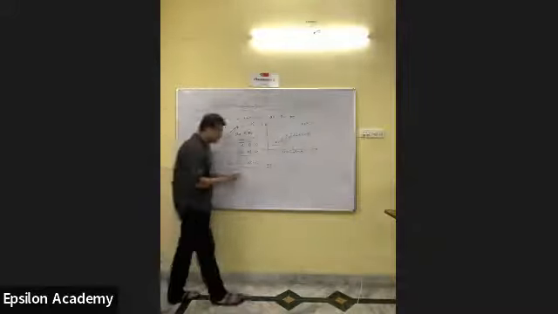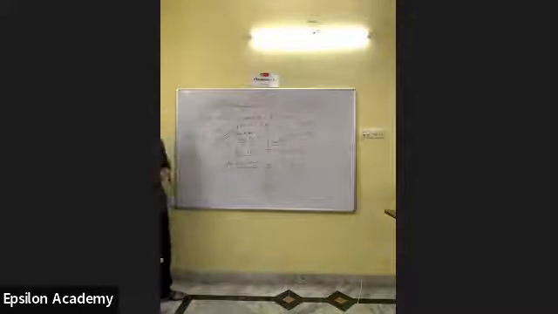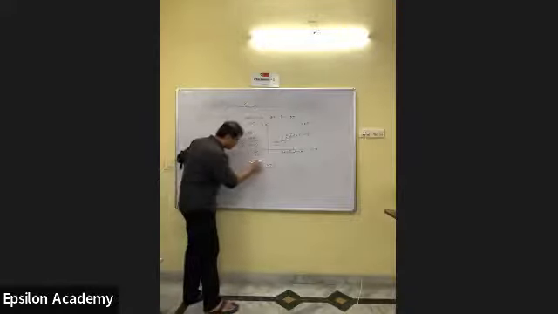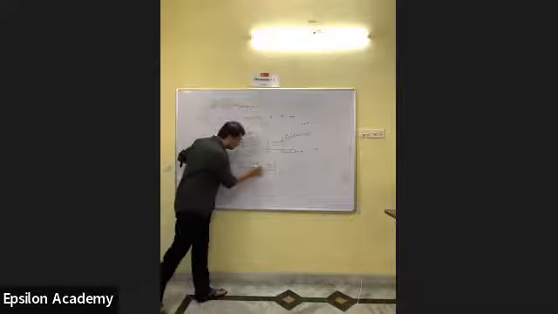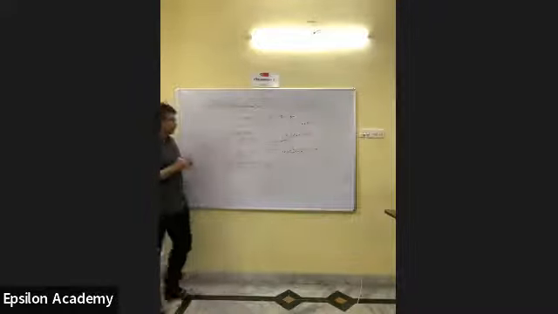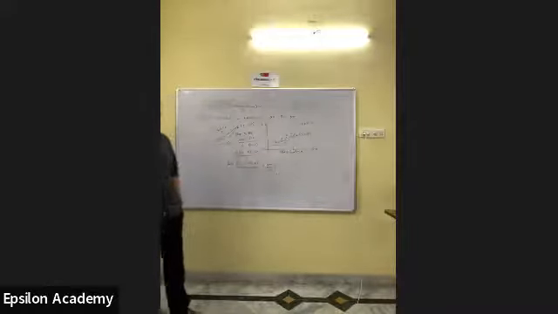So dy by dx at x is equal to c. Guys, please make a note of this.